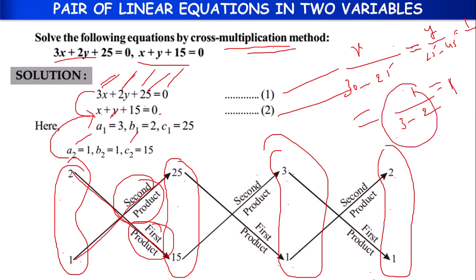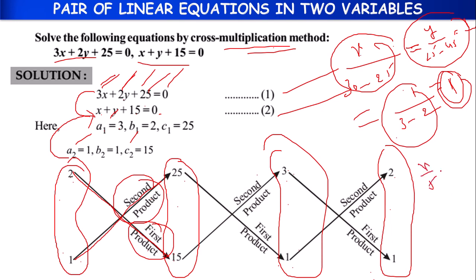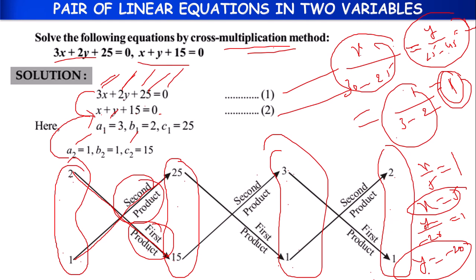As this is equal to 1, this value equals 1 and this value equals 1. So x by 5 equals 1, so x equals 5. And y by 25 minus 45, equals minus 20, equals 1. So y equals minus 20. x equal to 5, y equal to minus 20. We are able to find this with the help of the cross multiplication method.